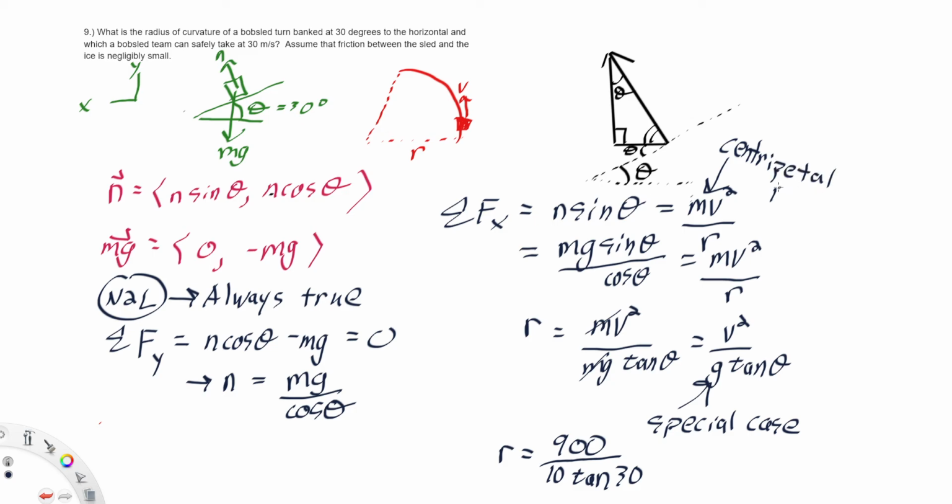Does that make sense? Okay, yeah, thank you. And the consequence of wanting the centripetal force to be only in the x direction is that the normal force is not just in the y direction.